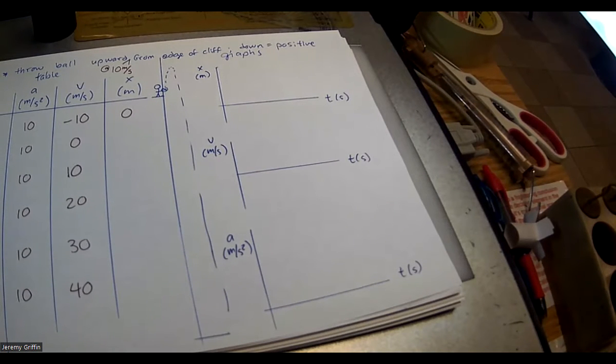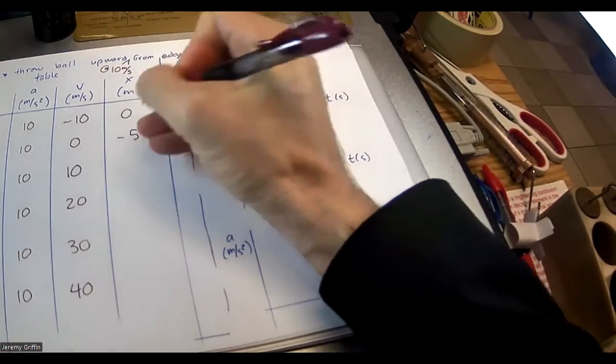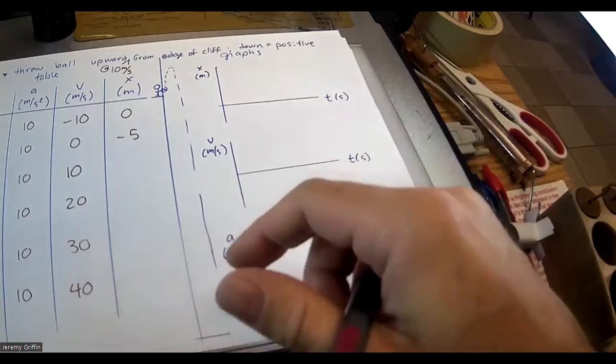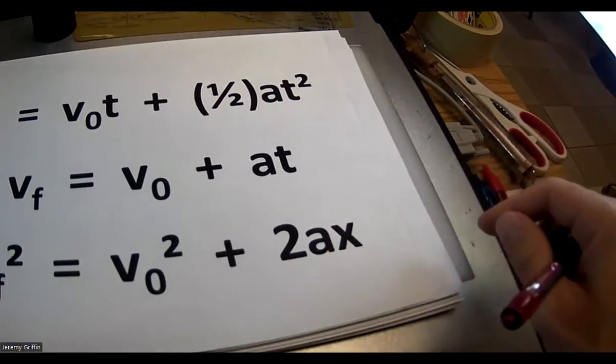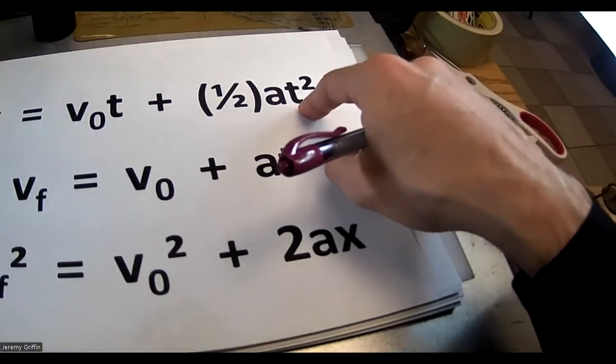So you're saying -5 meters? Anybody think anything different? -5 meters. Okay, let's try this out. Which equation did you use to figure that out? First one? Yep, first one, because we know how much time has passed, 1 second.